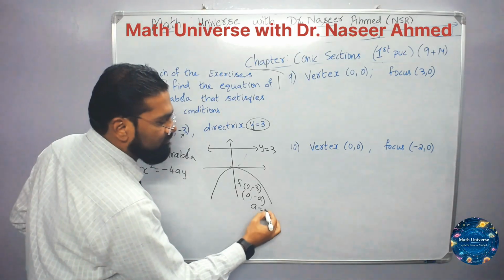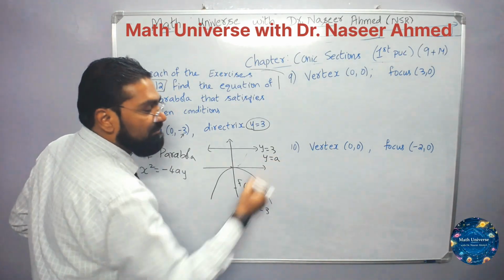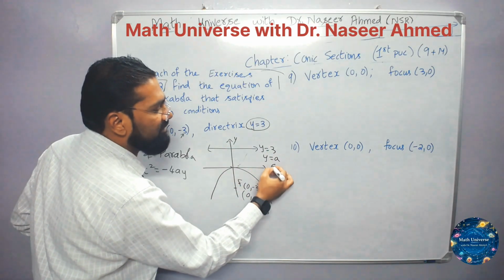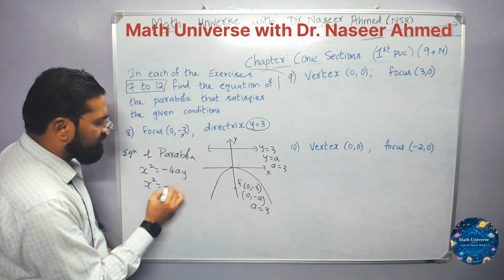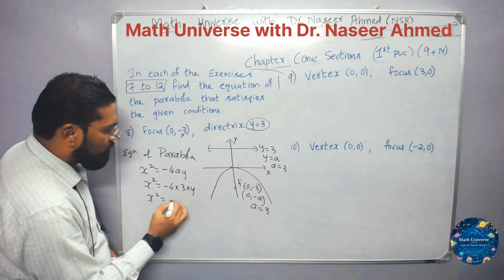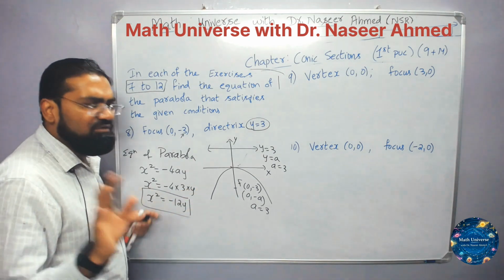So I'll get a = 3, or even from the directrix y = a, again a = 3. Whichever you want, you can equate. So the answer will be x² = -4 times 3 into y. So x² = -12y will be the equation of the required parabola.